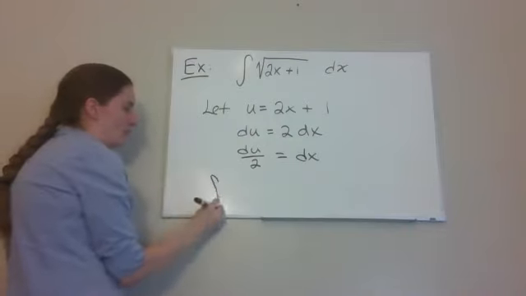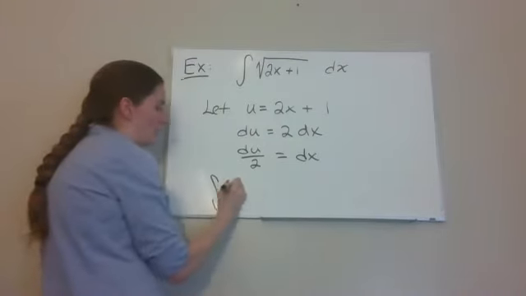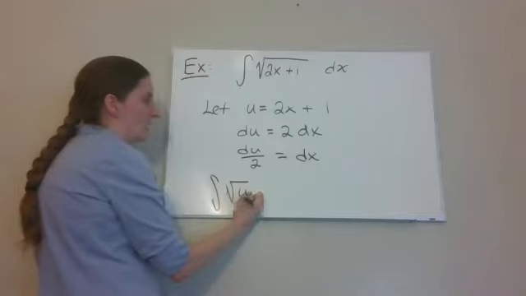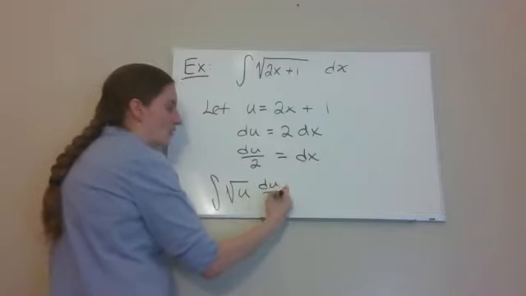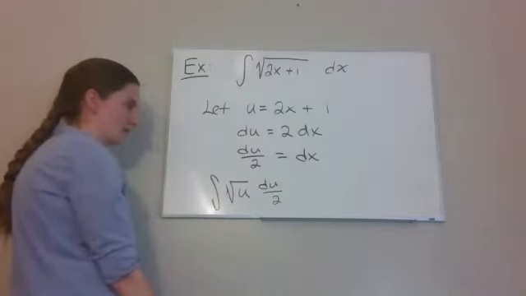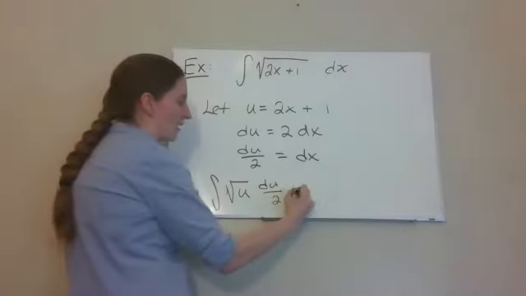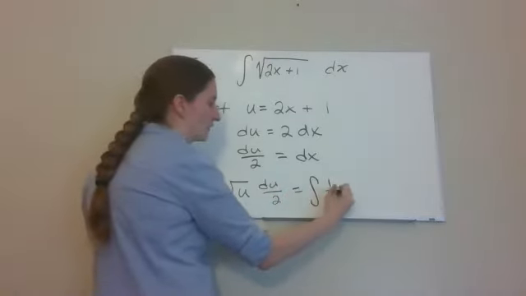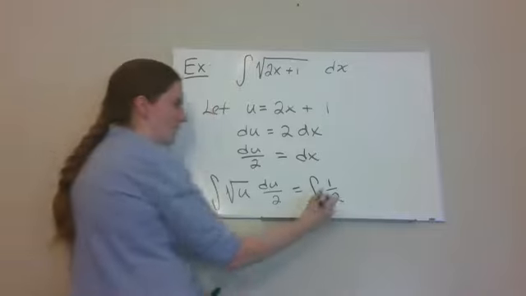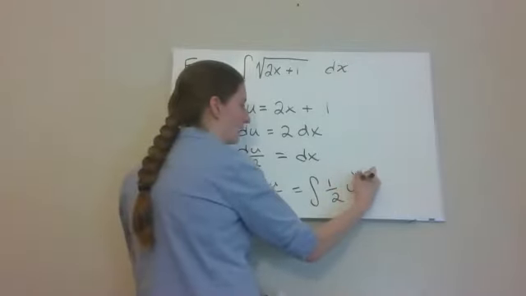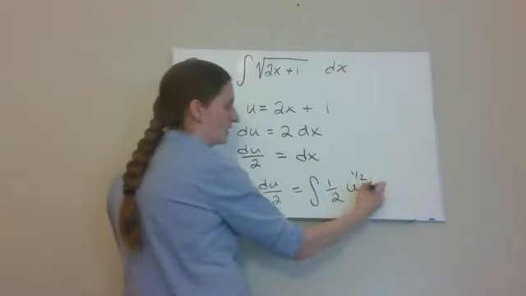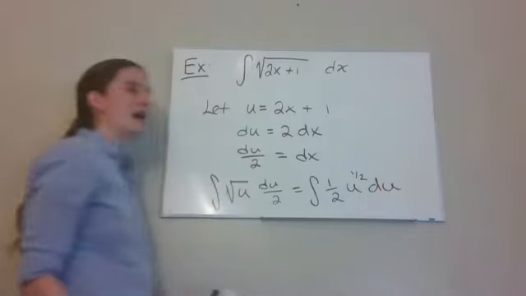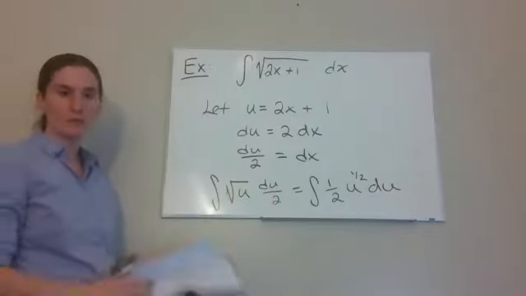So rewriting my integral, I now have the square root of u, and my dx is du over 2. And now, just like my last problem, pull the constant in the front. I have a square root of u, so that's u to the 1/2, du, and now we're ready for our power rule.